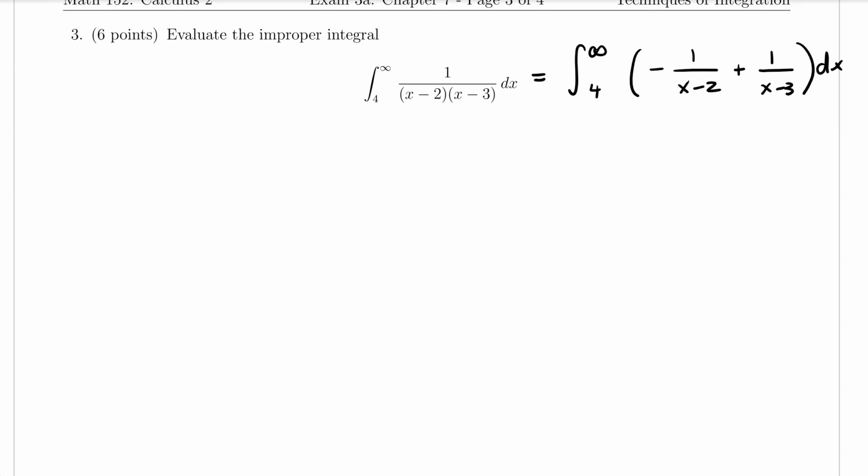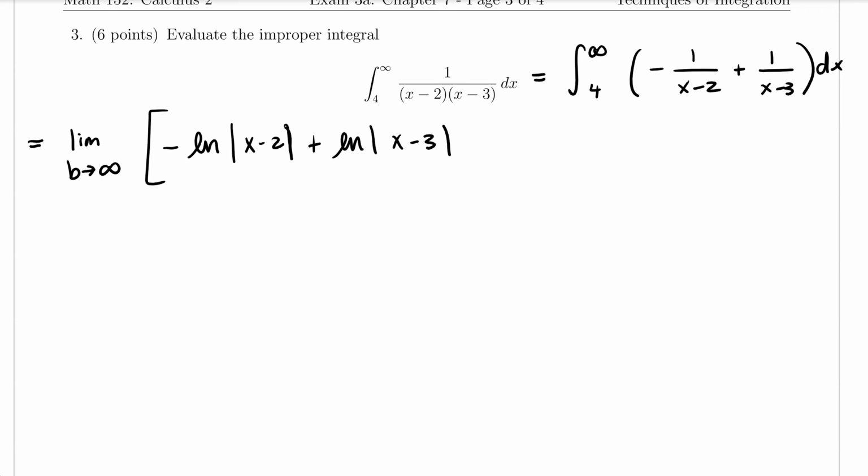Okay, so I'm going to go ahead and integrate both of those, and this is going to equal the limit as b approaches infinity of negative natural log of the absolute value of x minus 2 plus the natural log of the absolute value of x minus 3. And we are evaluating this from x equals 4 to x equals b.